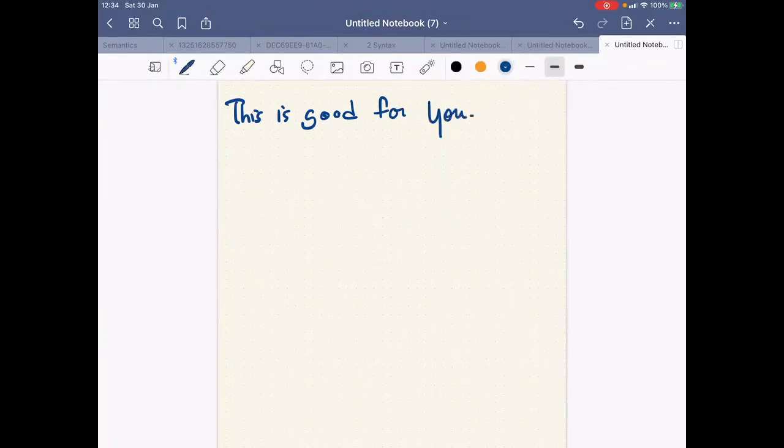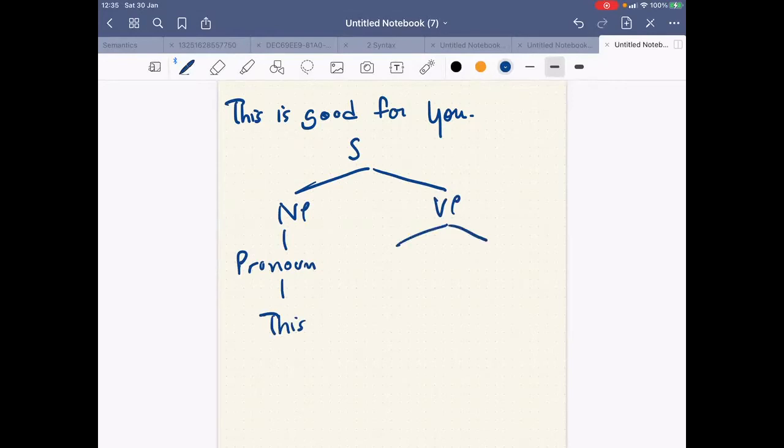Next one, the next sentence is, this is good for you. Okay, so here we have the NP for the subject pronoun this, and the VP, where we have the verb and the adjective phrase.